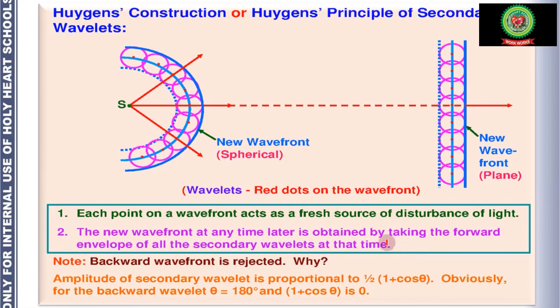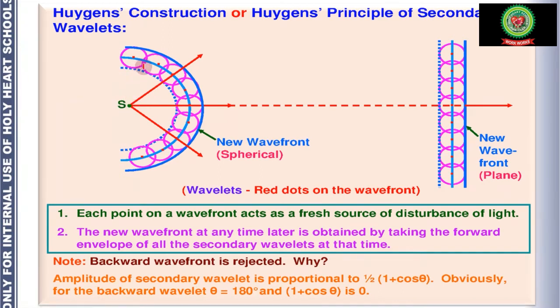Now next see Huygens construction or Huygens principle of secondary wavelets. So Huygens was the scientist who told about how waves originate or propagate in a medium. Here S is the disturbance, which is the first point source which gives rise to the disturbance, and the disturbance travels throughout the medium in all directions.